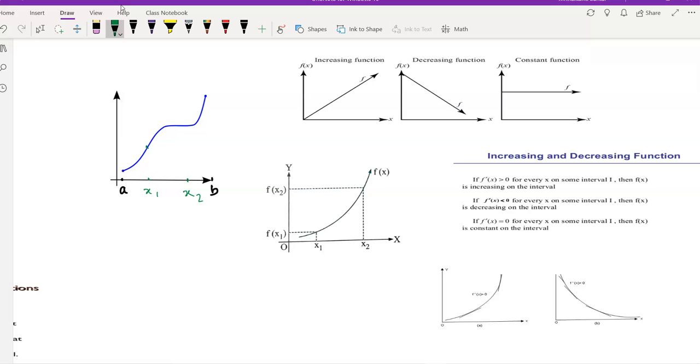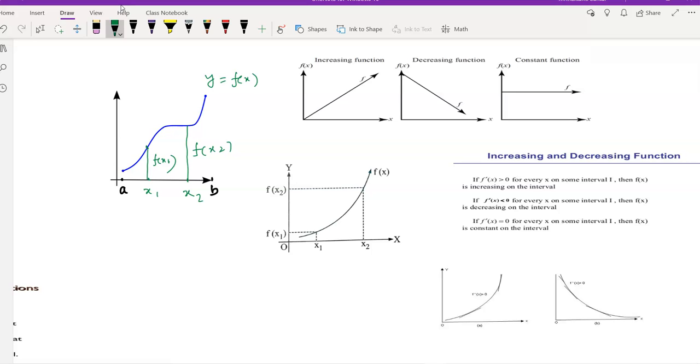If you draw a perpendicular here, this will be f(x1). If you draw a perpendicular here, you'll find f(x2). This part is called f(x2) and this part is f(x1). It is the graph of the function y equal to f(x).